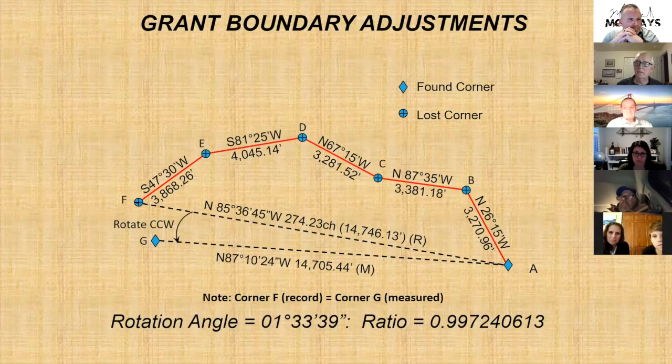And when you do a compass rule adjust, you're adjusting not only the distances, but also the angles. So you're going to change the geometry of the figure. And that's what we're trying not to do with the grant boundary. We want to keep that same geometry. We just want to put it so it'll meet the field conditions.